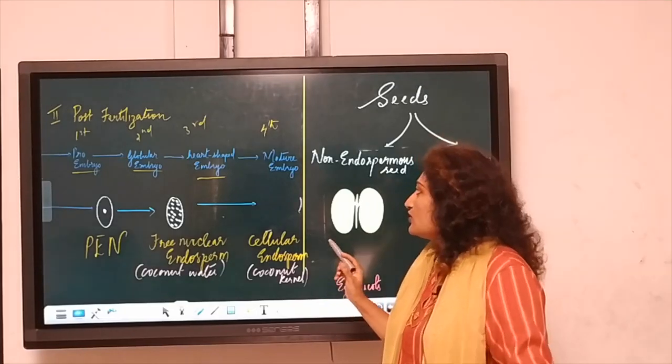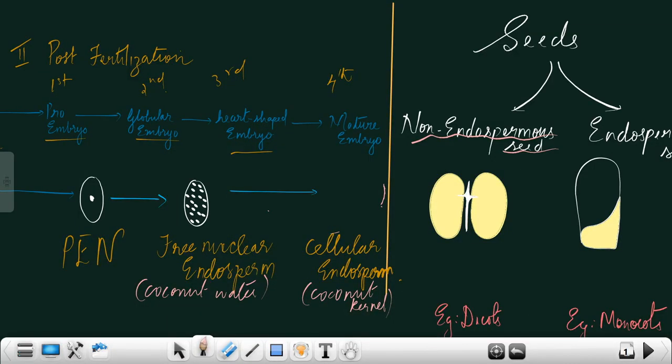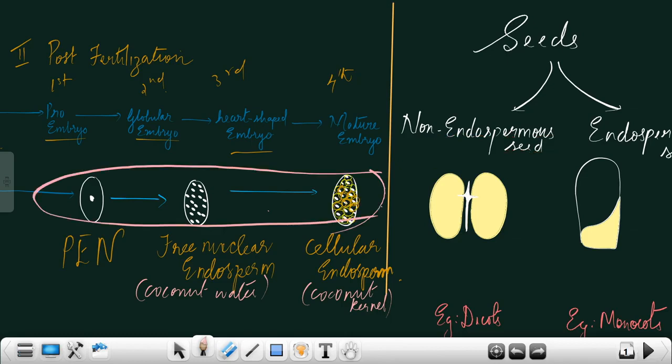Such seeds are called non-endospermous seeds. So what are non-endospermous seeds? The developing or maturing embryo utilizes the entire endosperm, leaving no residue of the endosperm in the seed. Such seeds are called non-endospermous seeds.